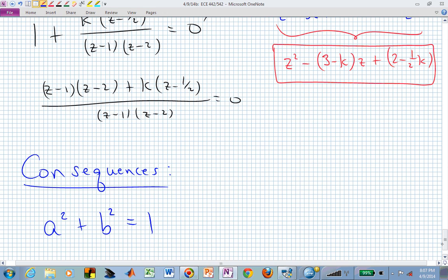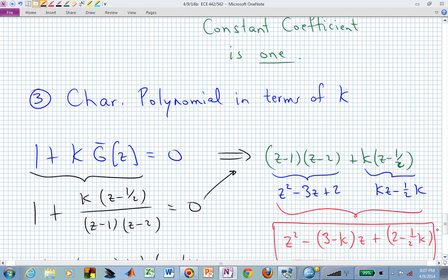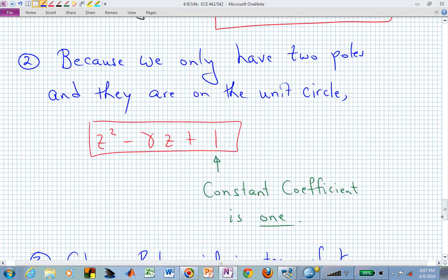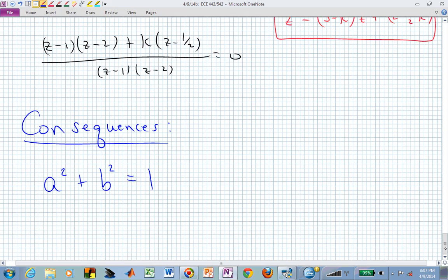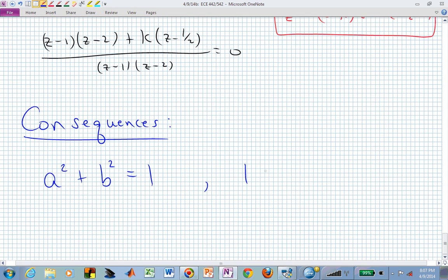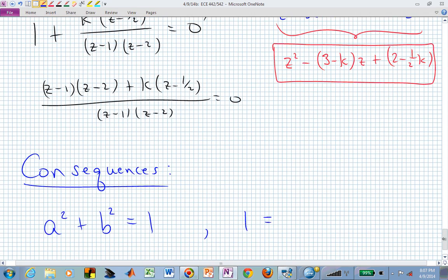And what else do we know? Well, if we look at the third relationship and equate coefficients there, in particular the constant coefficient with the constant coefficient in the second relationship, we also know that we have 1 from the second relationship's constant, and that's equal to 2 minus 1/2 k.